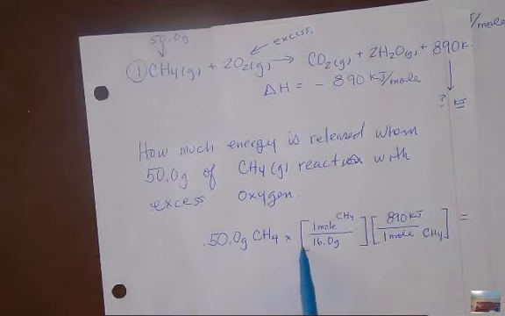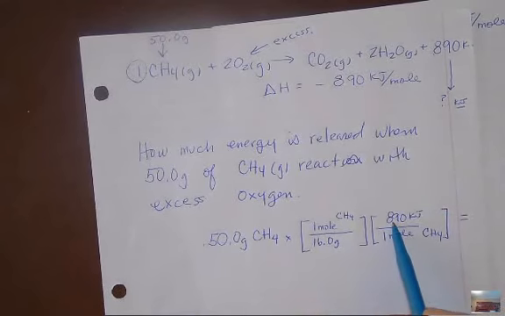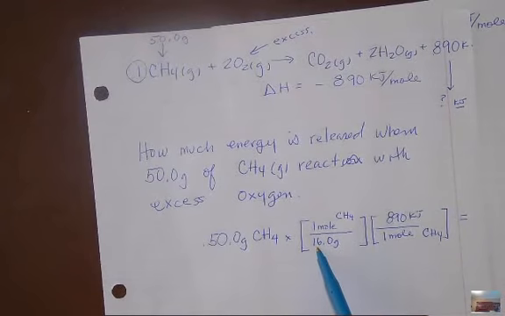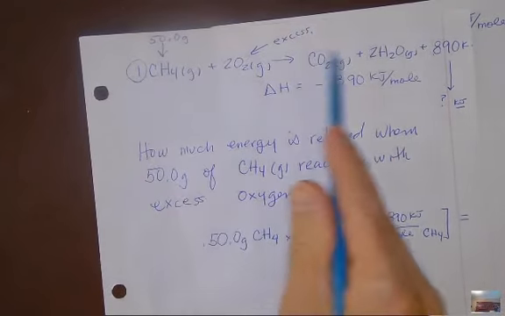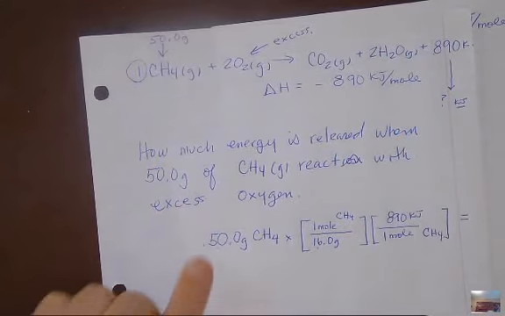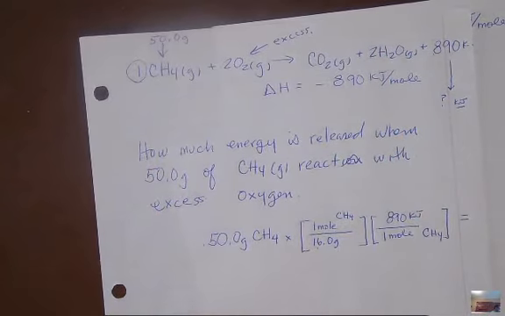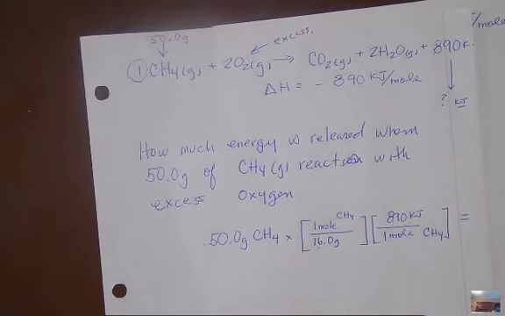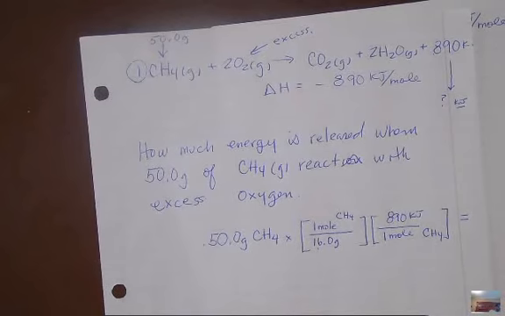So 50 divided by 16 times 890, which makes sense. So the 50 divided by 16 gives you the number of moles. This is written straight across, so if every mole gives you 890, let's see how many moles this is. Okay, so this is just a little bit more than 3. 50 divided by 16, 3.125.